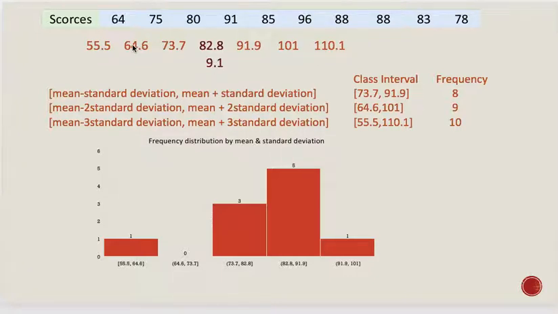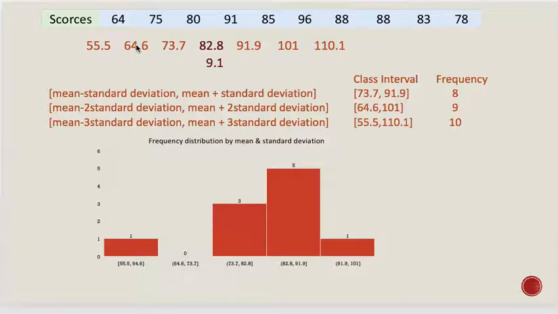On the other hand, this boundary is symmetric to this one, and it is the mean minus one standard deviation, 73.7.